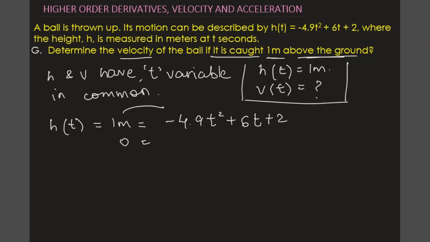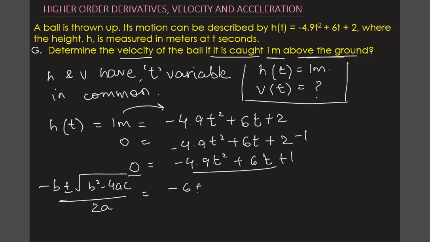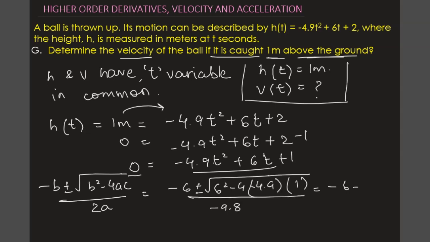In order to solve for t, we'll move this over, and we'll be left with negative 4.9t squared plus 6t plus 2 minus 1. When we simplify the equation, we get negative 4.9t squared plus 6t plus 1. Now this quadratic equation is equal to 0, so we have to solve for time. We will be using the quadratic formula. When you sub in all the values of the quadratic formula variables, you'll get negative 6 plus or minus 7.45 over negative 9.8.